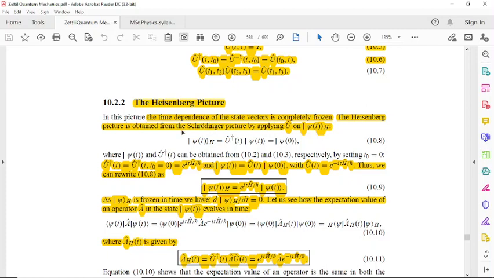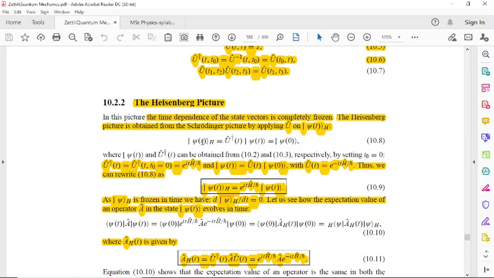The Heisenberg picture is obtained from the Schrodinger picture by applying U on ket psi of t, and the subscript H denotes the state vector in the Heisenberg picture. That means the psi does not depend on time t. So it is completely frozen in time.